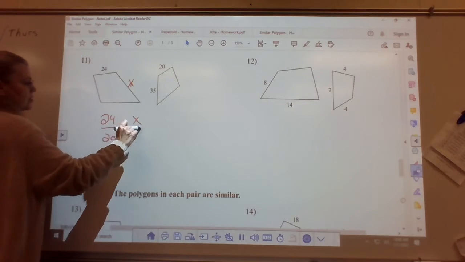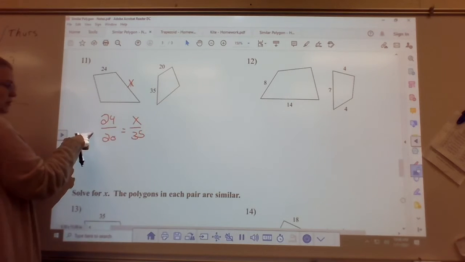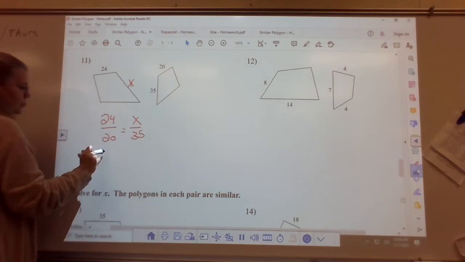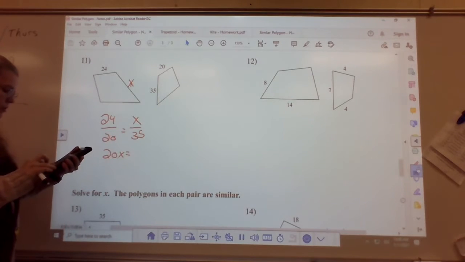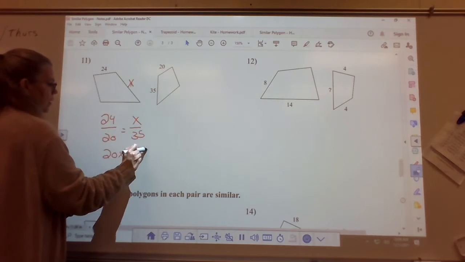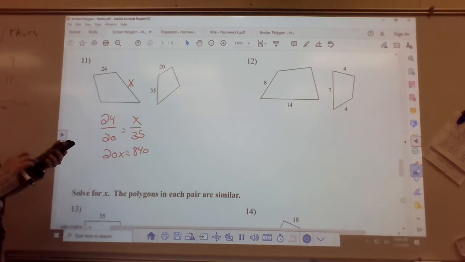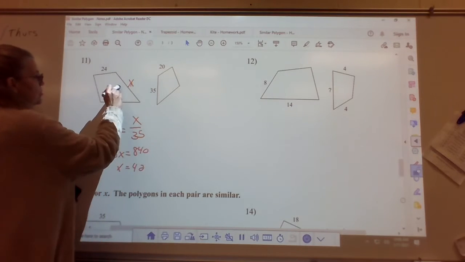So then I can go x over 35. So there's my proportion. Multiply your diagonals. 20x equals 24 times 35. I get 840. Divide by 20, I get 42. So this is 42.